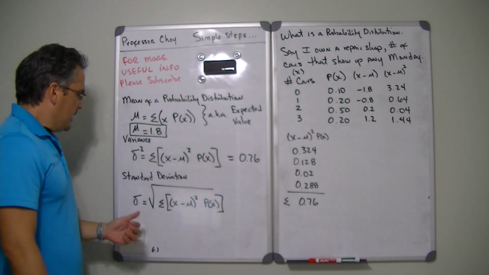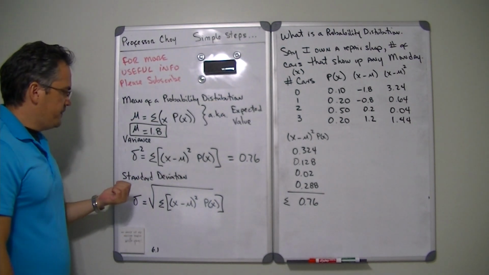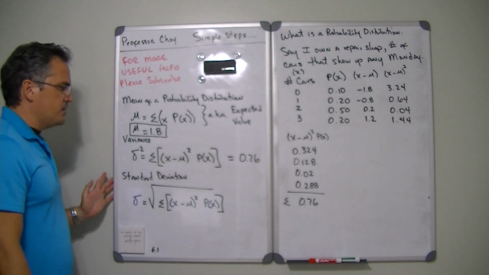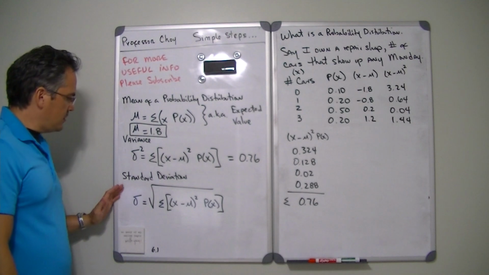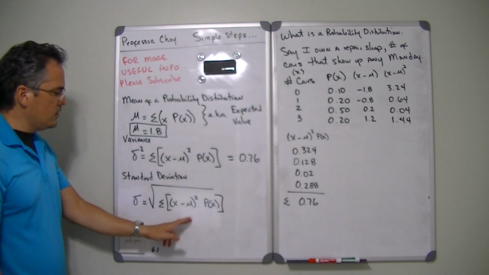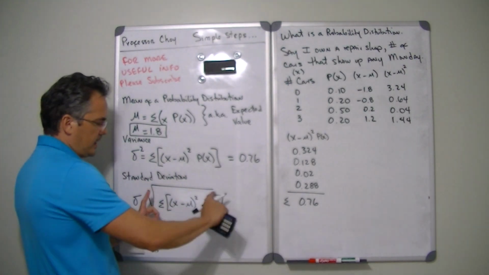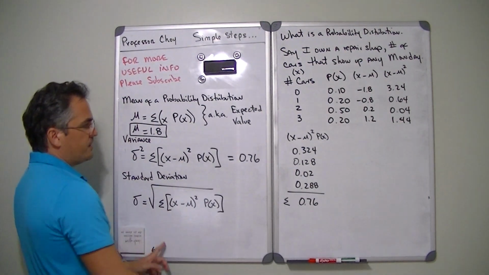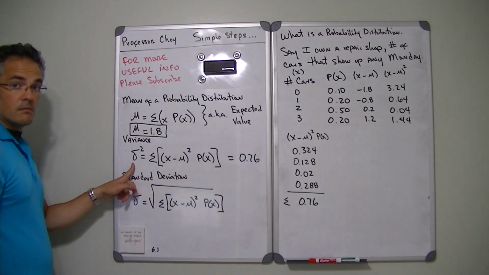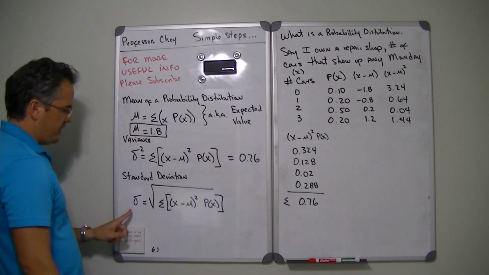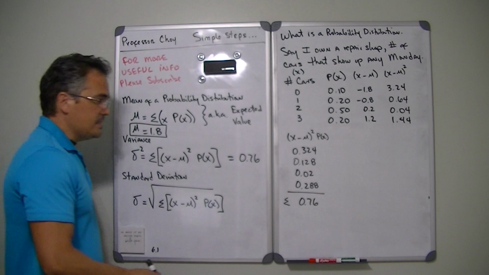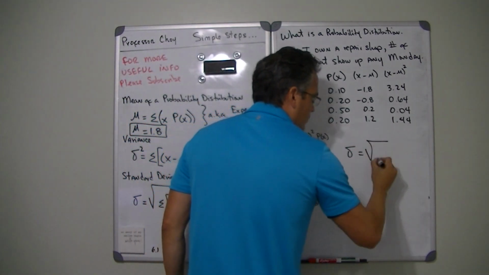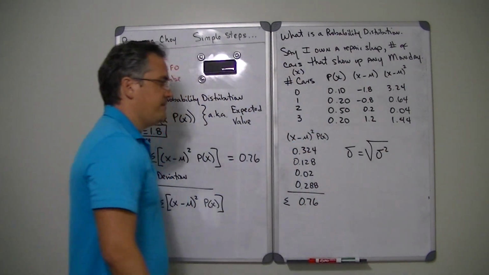Alright. Now one of the numbers that we use in order to figure out the spread of the data is the mean and the standard deviation. The standard deviation is basically just the square root of the variance. Notice that this formula here is basically the same as the variance. What we call the variance is sigma squared, and what we call the standard deviation is just sigma. So basically, in order to find sigma, all I got to do is the square root of my variance.